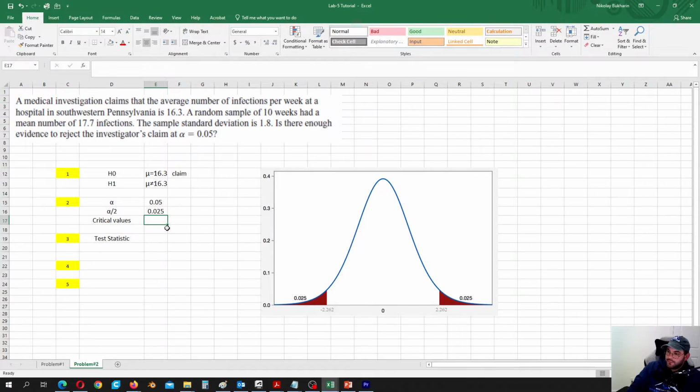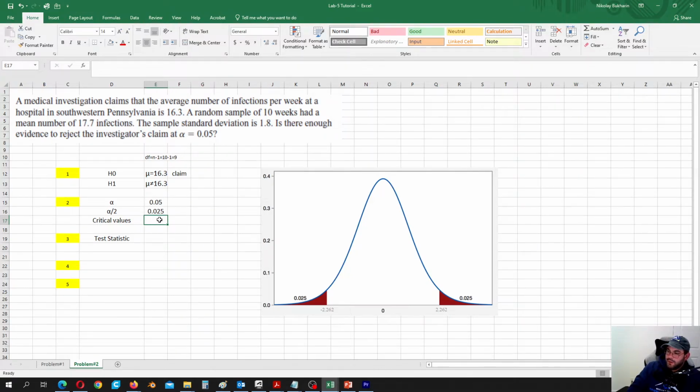The degrees of freedom are equal to n minus 1. Those are the degrees of freedom which we need to state for the t distribution. The sample size is 10, so it is equal to 10 minus 1, which is 9.